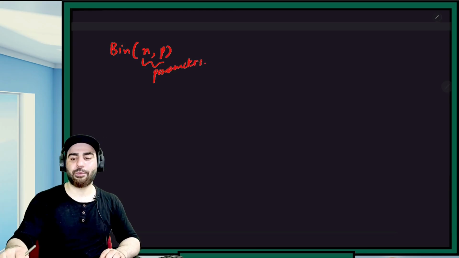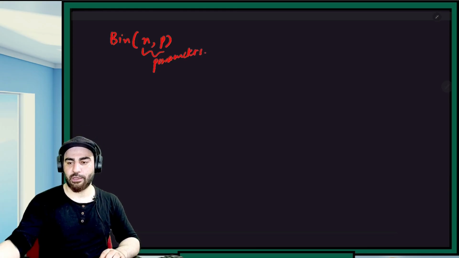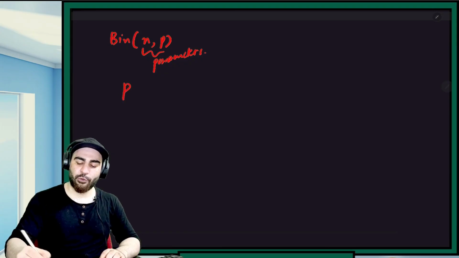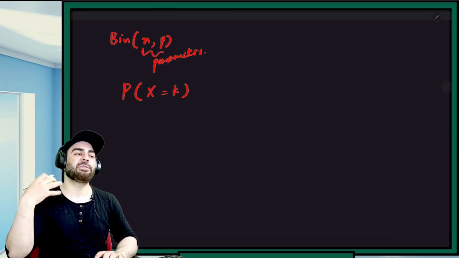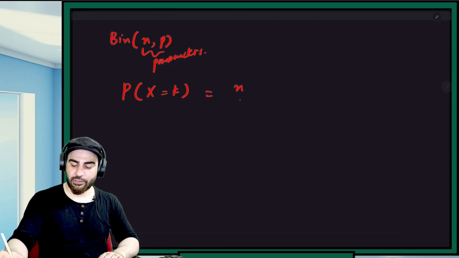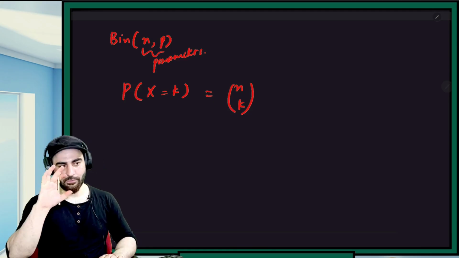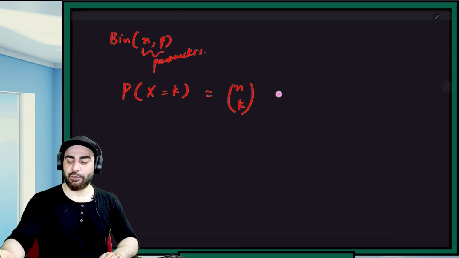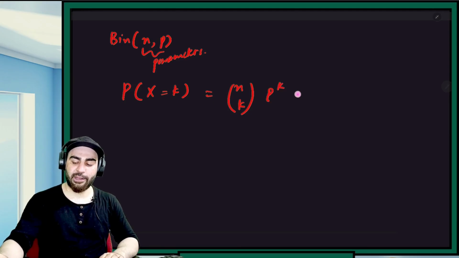Now again you will have to compute the expectation of this. If we want to compute the PMF, the PMF is the probability that x is equal to k. This k basically means you want k successes out of the n trials. How to compute that? You will say n choose k. So you are choosing k out of the n, and the success probability is p to the k, and the failure probability is 1 minus p, to the n minus k.